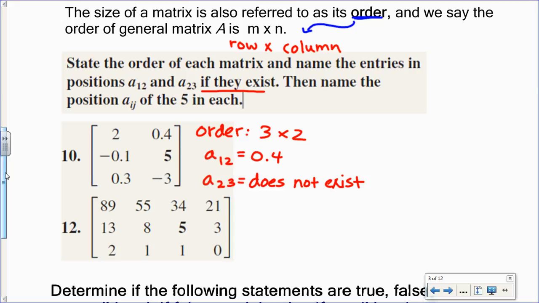And then it wants to know, what is the position of 5? So here's 5. That's row 2, and column 2. So A22.